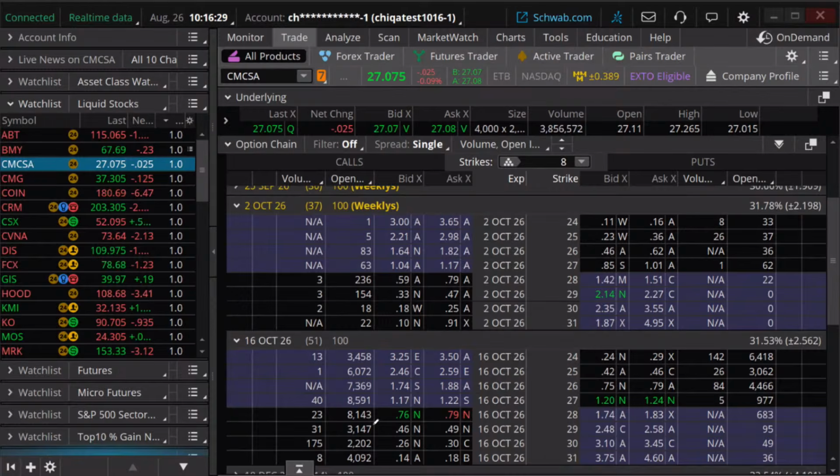If I look at, for example, the $26 contract, 1.62 to 1.82, well, that's 18 cents, if I'm doing my math right. And the 26 monthly is about 14 cents. So a little better.